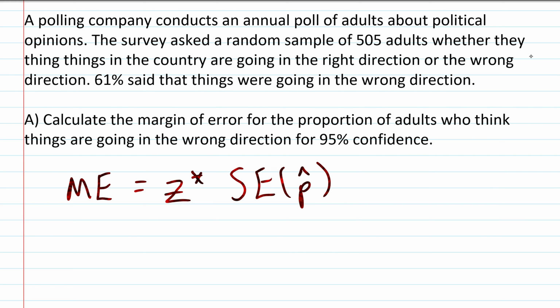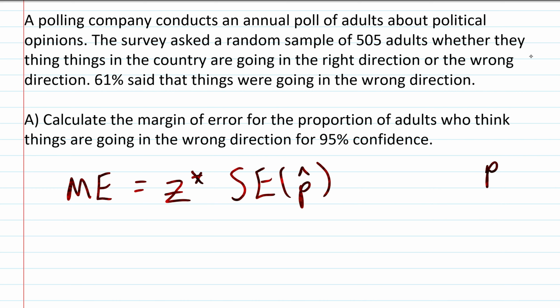This formula calculates the margin of error for the population proportion P, where Z asterisk is the critical value for the desired confidence level, and SE of P hat is the standard error of the sample proportion P hat.